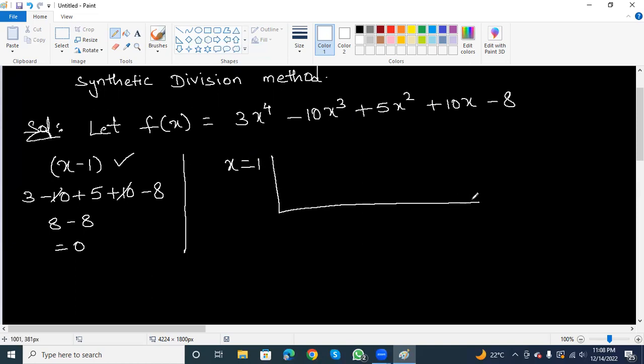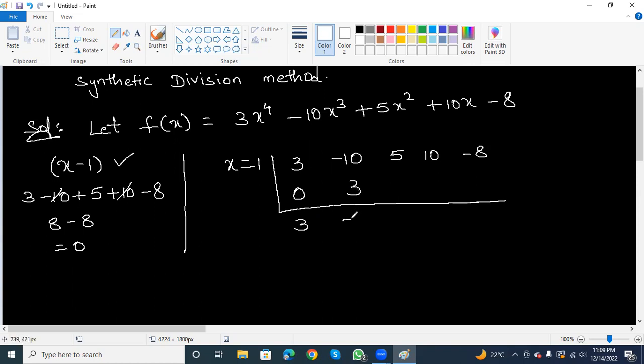So we'll take x equal to 1. And we will note down all the coefficients in a row with a little gap. Under the first coefficient, we will put 0. Next, add these two. 3 plus 0 is 3. Now multiply these two. 3 ones are 3.